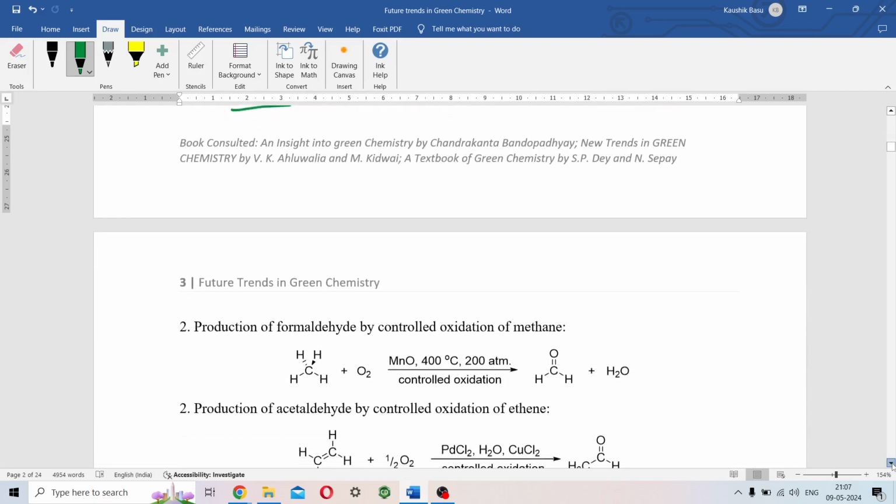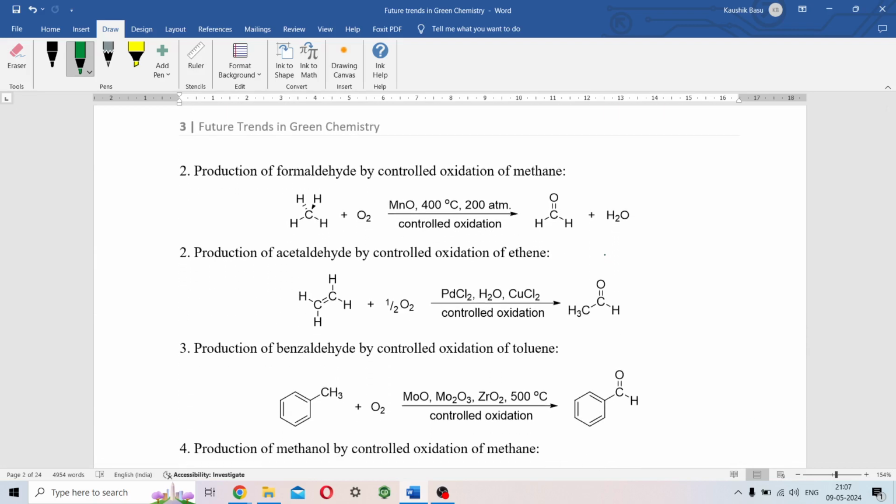So the next example is production of formaldehyde starting from methane. This is a ubiquitous organic molecule which is found almost everywhere, and if you can somehow manage to pick off 2 of the 4 hydrogens and introduce a carbonyl there, you will get a very valuable feedstock, formaldehyde.